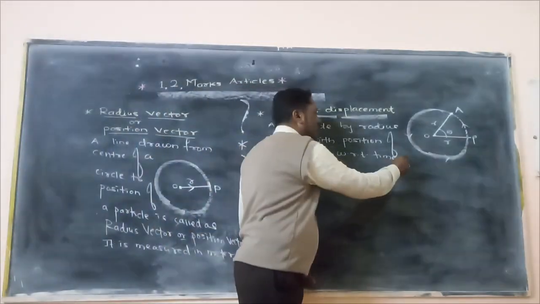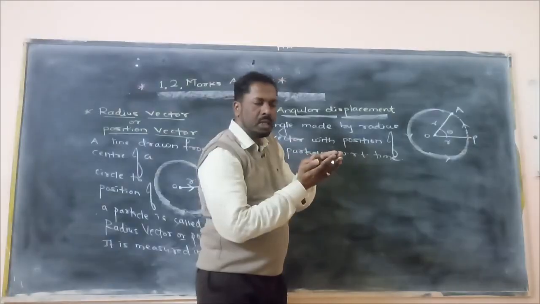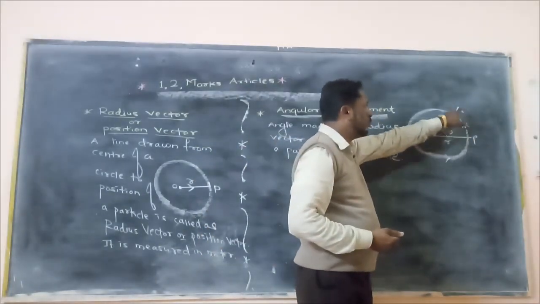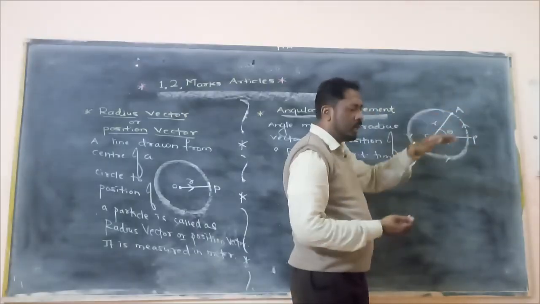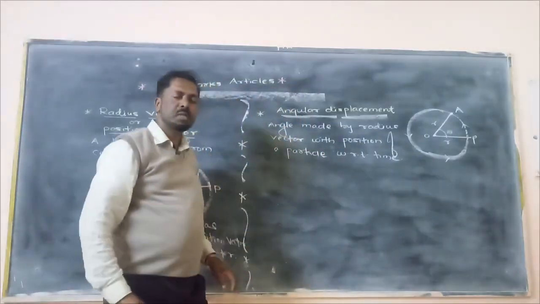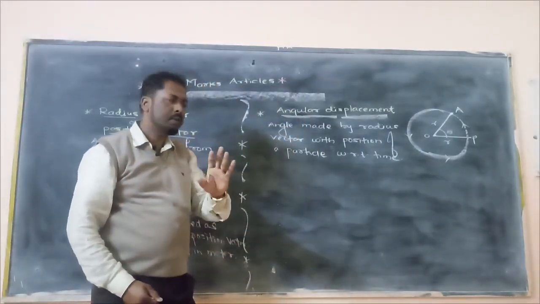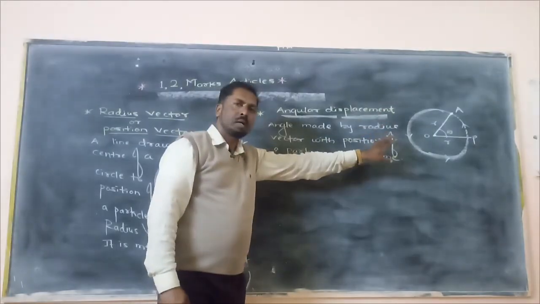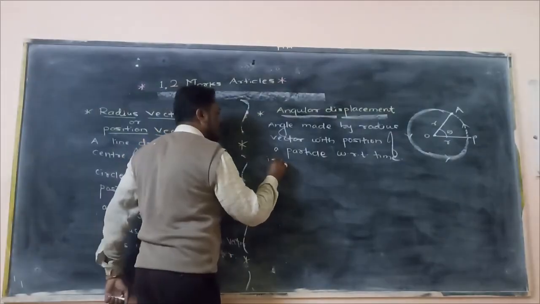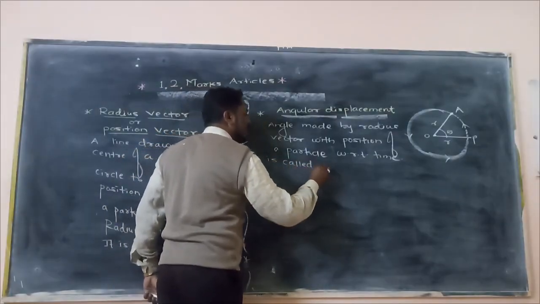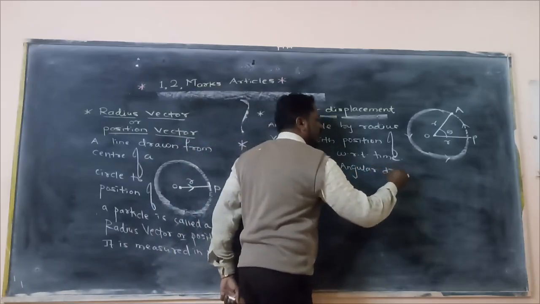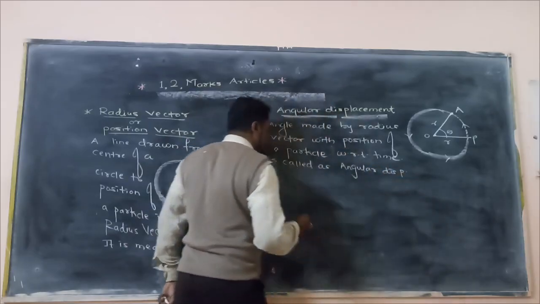It means that with increase of time, P is moving from P to point A. That's why some angle is made there. So the angle made by the radius vector with the position of a particle with respect to time is called angular displacement.